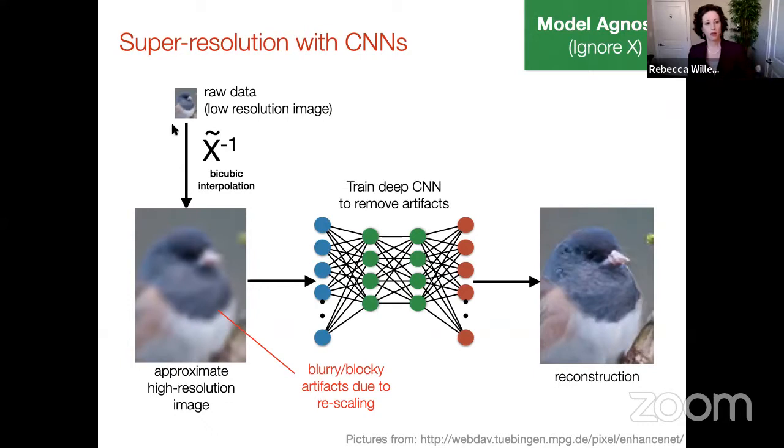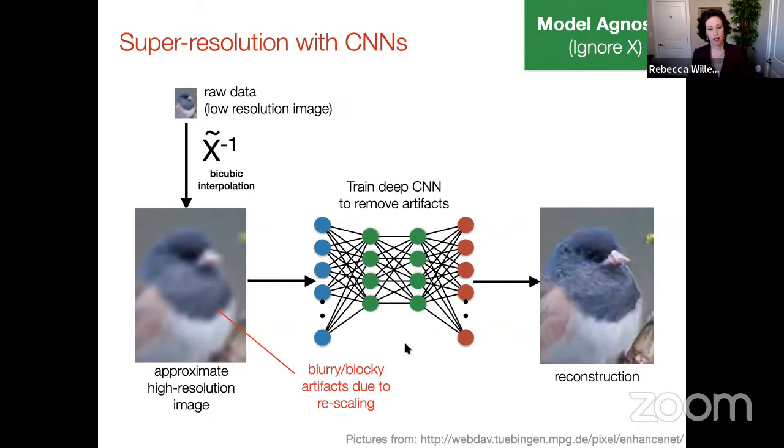In this setting, what we might do is take our raw data, a low resolution image, and try to upsample it to the desired resolution. We can think of that as a very coarse, approximate inverse of our forward model. It's in no way representative of, say, the pseudo inverse of the true X, but it captures the fact that we want to get up to a certain resolution.